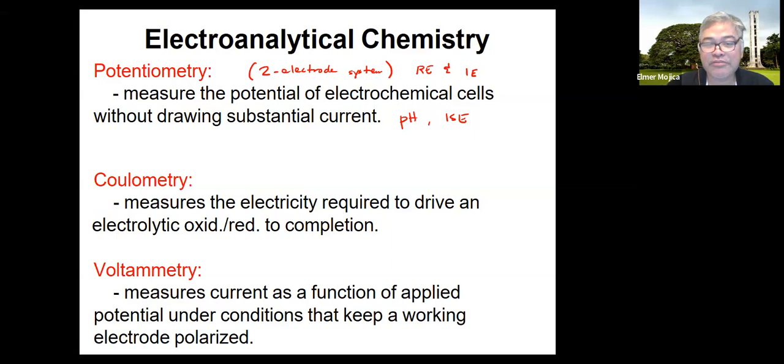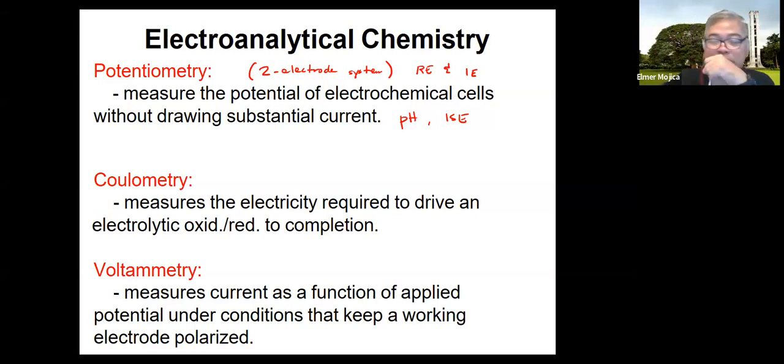Now, another way of looking at it is a thermometer, right? Here in the U.S., most of the houses have what we call a thermostat. In the thermostat you have a thermometer, so it measures the temperature of the room. Try to imagine that your room represents the chemical solution.